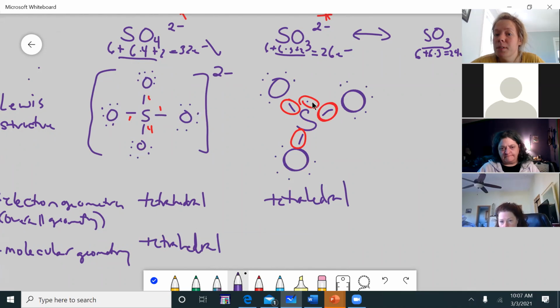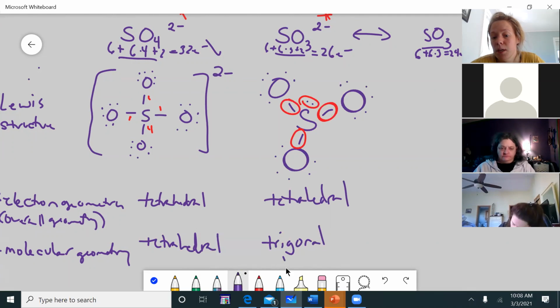Here, one of our ropes is missing its partner. So think about that pyramid tetrahedral shape and rip off the top atom. What remains is a trigonal pyramidal shape. So it's got a tetrahedral electron geometry and it's trigonal pyramidal for its molecular.